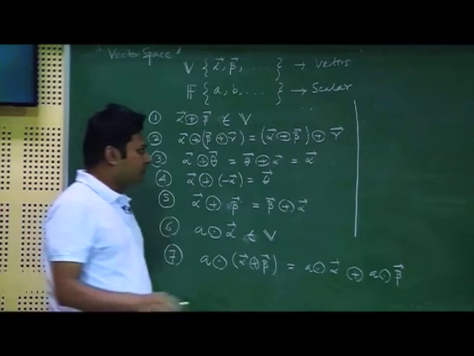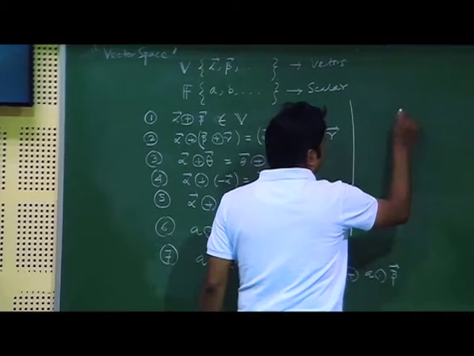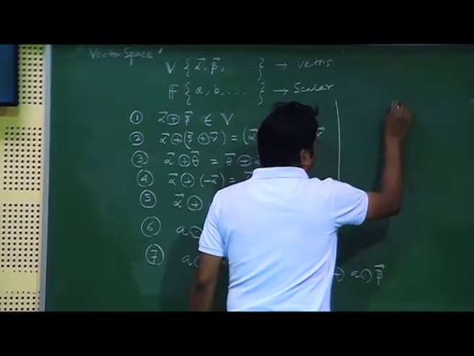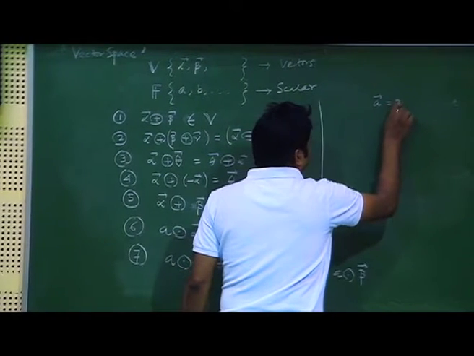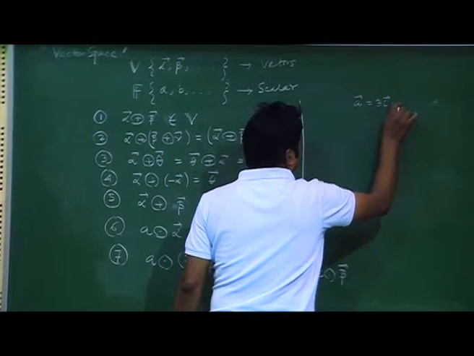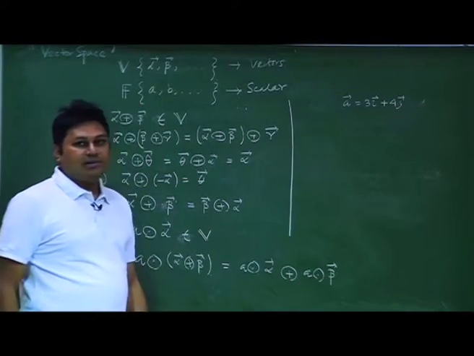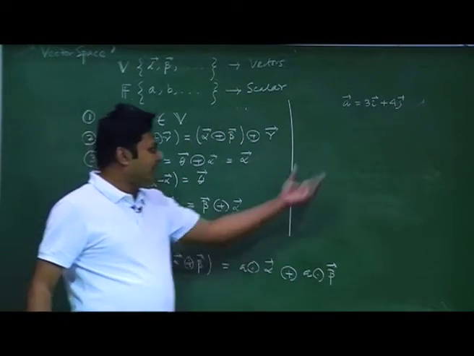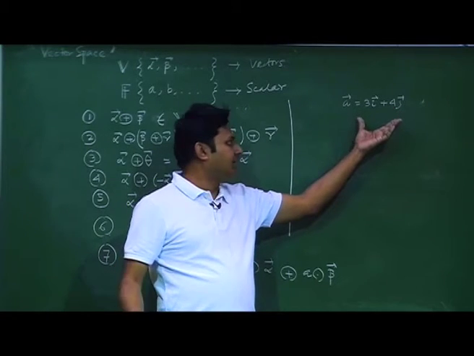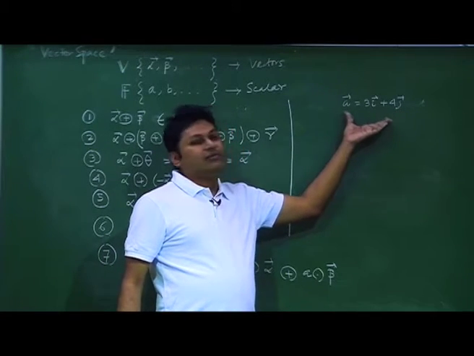trivial, because for example, a normal vector, let me give a very simple example, say 3i plus 4j. This is a vector normally we use in physics. This kind of notation is always used. i and j are basis, we will come to this point later, but let us consider this is a vector.